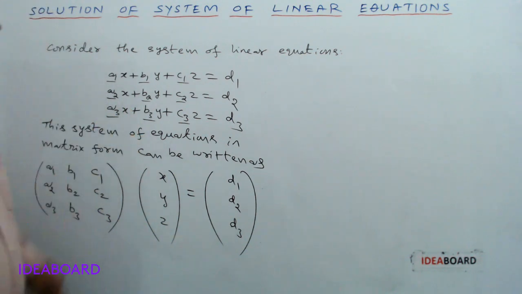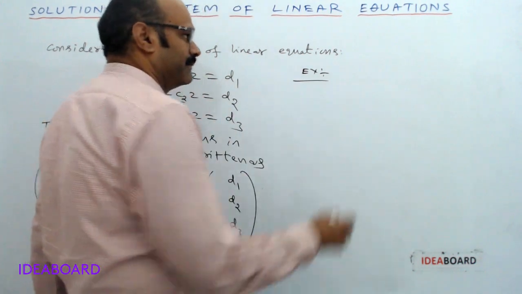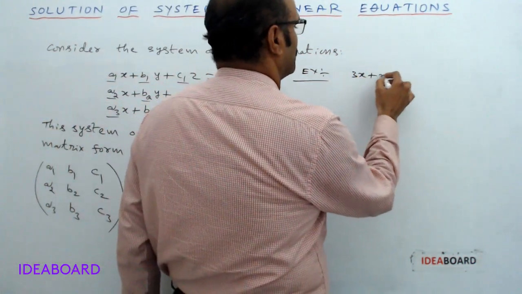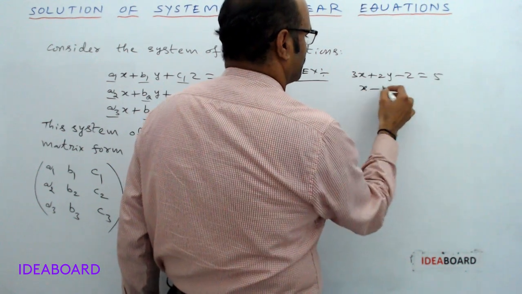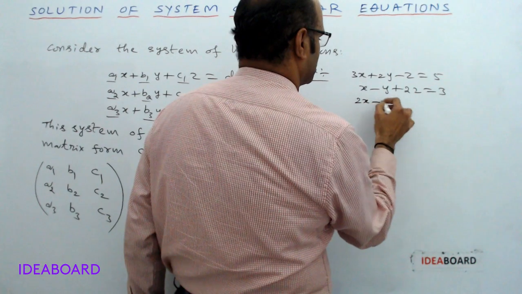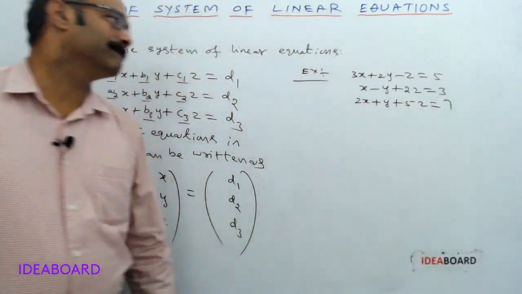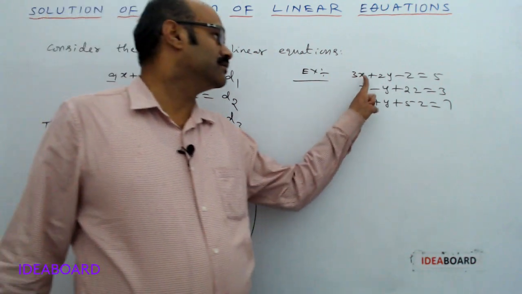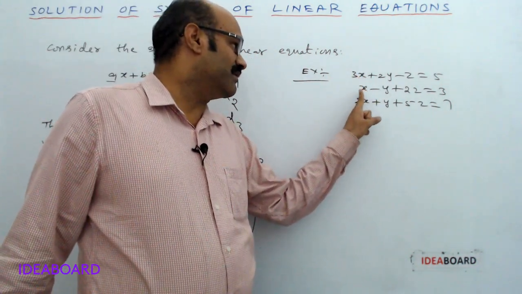Now, for example, take 3x plus 2y minus z equal to 5, x minus y plus 2z equal to 3, 2x plus y plus 5z equal to 7. Now, we have to write this in matrix form.